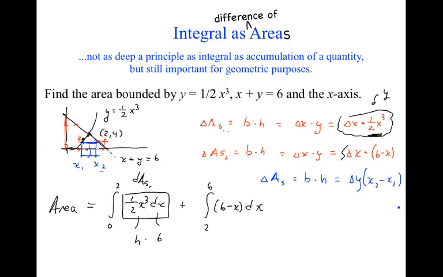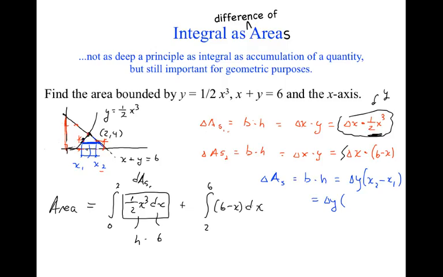So again, our base is going to be that little delta y, and the height is a change in x, x2 minus x1. Now we just have to figure out what those are. What is x2? Because we have delta y, we have to get that in terms of y. So x2 relates to which function? The line, right? X2, meaning right, is going to be the line.